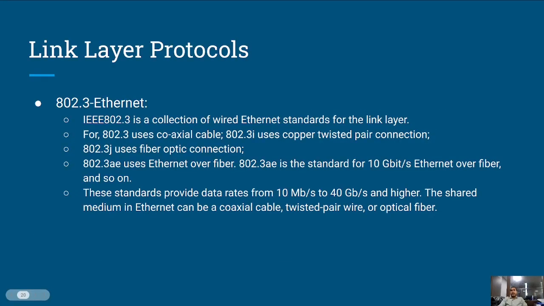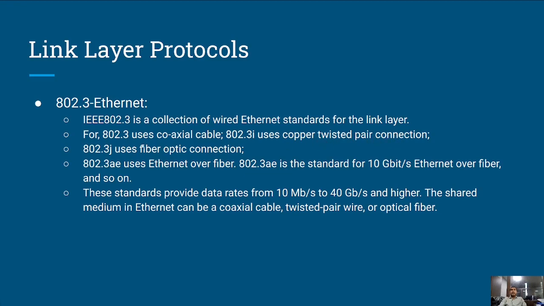So we will begin with the IEEE 802.3 or the Ethernet protocol. It is basically a collection of wired Ethernet standards for the link layer. For 802.3, the kind of medium that is used is the coaxial cable. These are similar to the ones used by the cable operator. Then 802.3i uses copper twisted pairs.